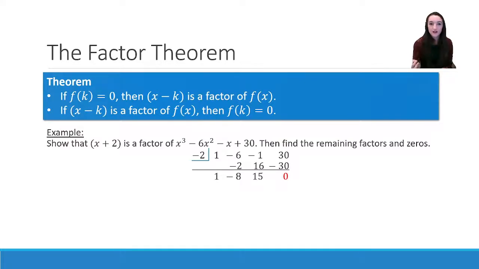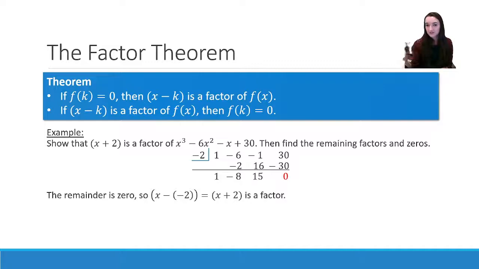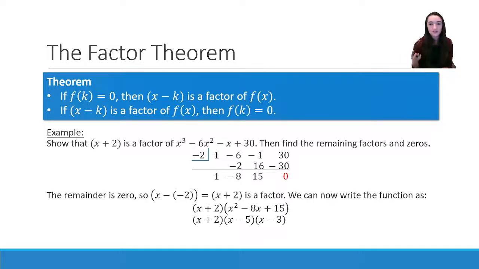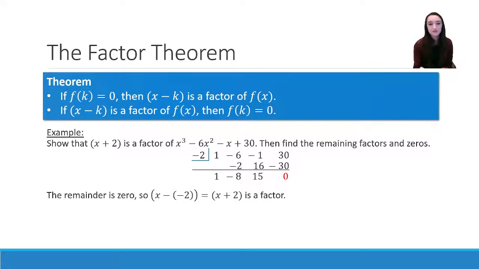And by the factor theorem, if f of negative 2 equals 0, we have a factor. So the remainder is 0, so x minus negative 2, or x plus 2, is a factor by the factor theorem. We can then write our function as x plus 2 times x squared minus 8x plus 15.